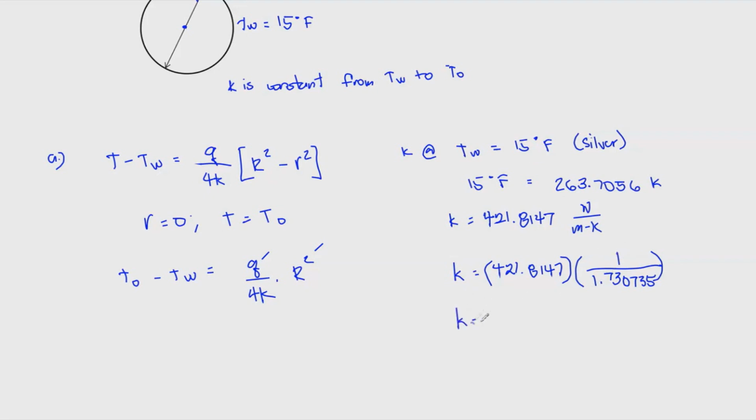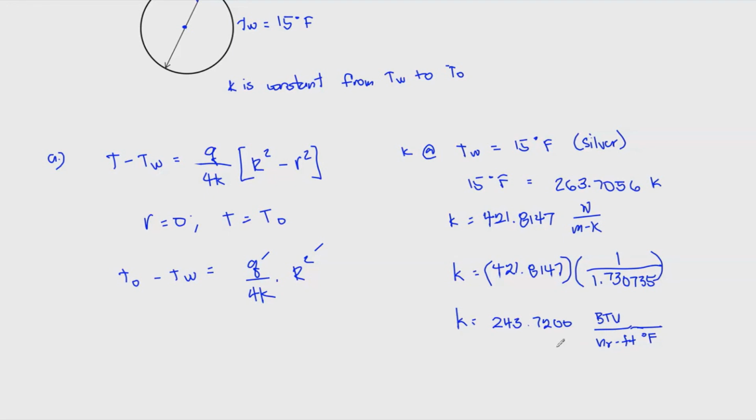Remember, if you have a British thermal unit expression for K and you want to convert it to watts per meter Kelvin, you'll get a higher value. Since we're doing the reverse, we'll get a smaller value here. So we have 243.71. That is actually 7199, so let's just use 7200 British thermal unit per hour feet degrees Fahrenheit.